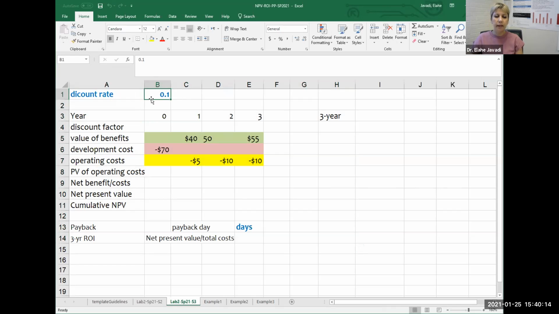What's the first number? This is the discount rate. And this is the rate at which money loses value over time. What happens when you want to come up with the valuation for the project? You anticipate project's benefits and costs in the future.